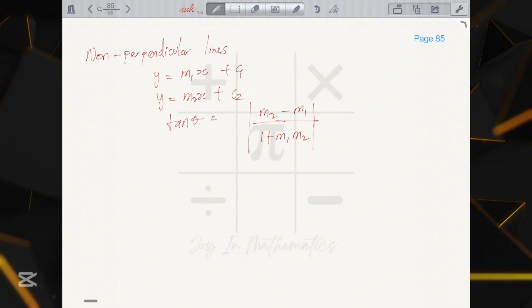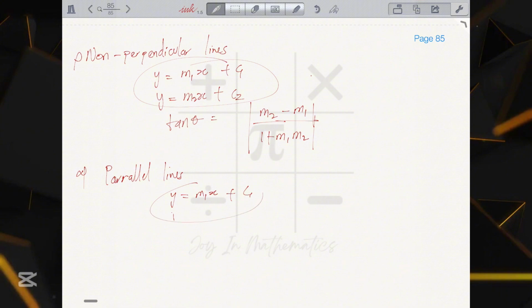However, when we have parallel lines, it's simple. That means we are saying y is equal to m1x plus c1, and also y is equal to m2x plus c2, just as we have here.